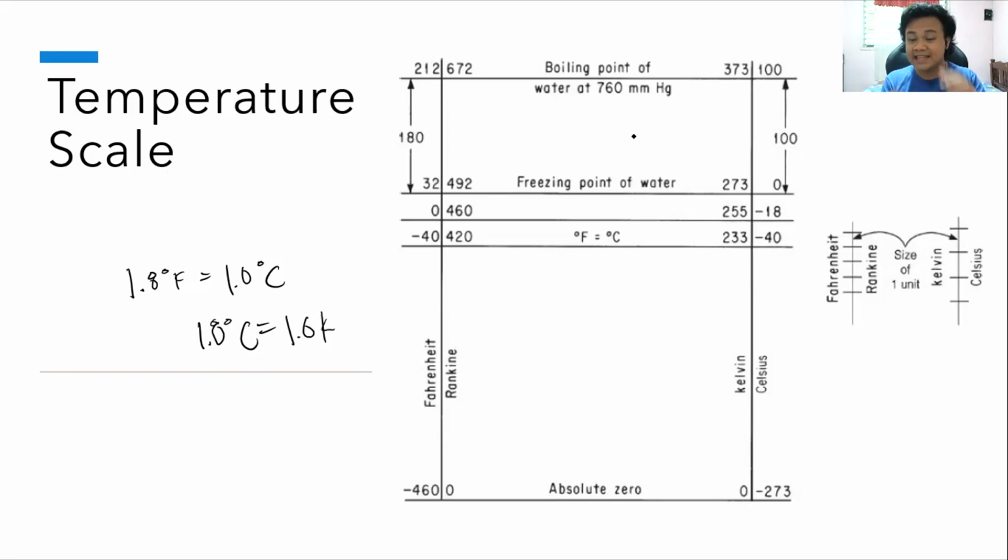The freezing point of water is 0 degrees Celsius and the boiling point is 100, so the range is 100, and it is also the same in Kelvin. So the difference in Kelvin is equal to the difference in degrees Celsius.